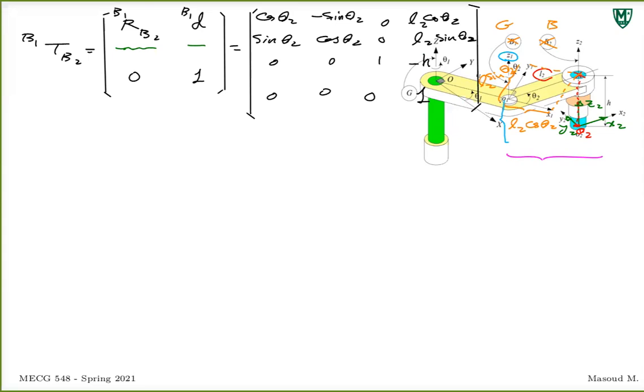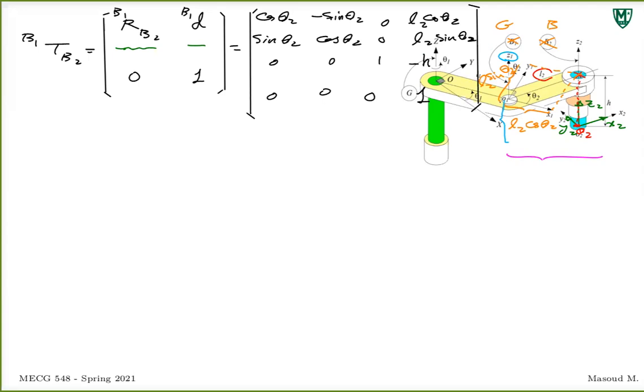Figure out what rotations and what translations you need. Typically, almost always, you need one translation. Depending on the situation, you may need more than one rotation. Sometimes, as in this case, you do one rotation and one translation.